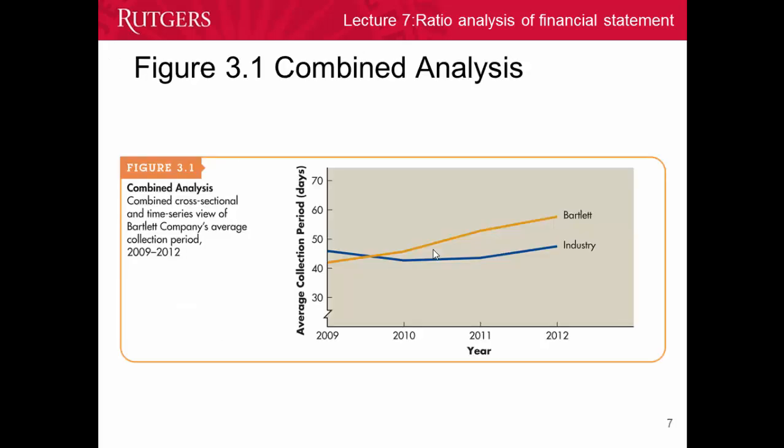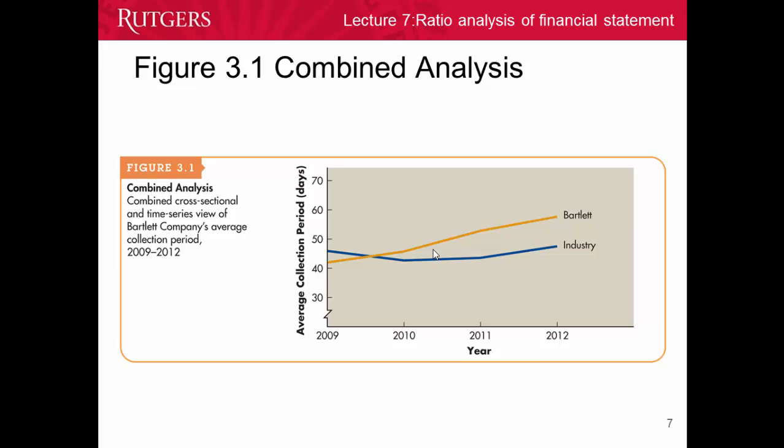Now let's have a look at this figure. It shows an example of combined analysis. The x-axis shows the time evolution of the firm's performance and industry performance. Two different lines compare the firm called Bartlett with industry average. You see that when you combine both cross-sectional analysis and time series analysis, it gives you more information.